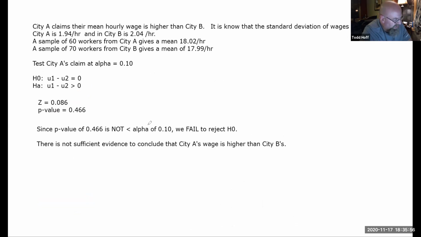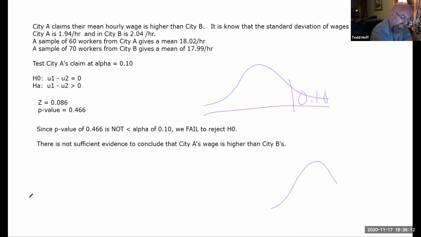Well, let's look at this one here. This was alpha of 0.10, and this was also a one-tailed test. So that means this is upper tailed. So that alpha of 0.10 is all on the upper tail. So for the confidence interval, we have to have 0.10 on the upper tail.